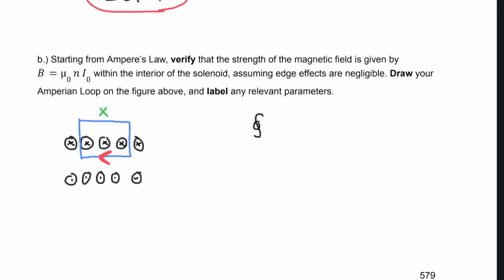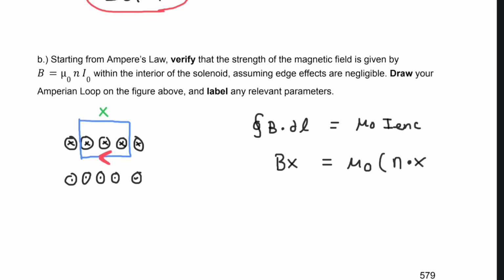Ampere's law says that the magnetic circulation is equal to mu naught times the enclosed current. Our circulation is just Bx, because we have a magnetic field B circulating for x, just one side of the rectangle. Then mu naught times the enclosed current. What's the enclosed current? I have n coils per unit length, so to find how many coils I've enclosed, I need to multiply by the length.